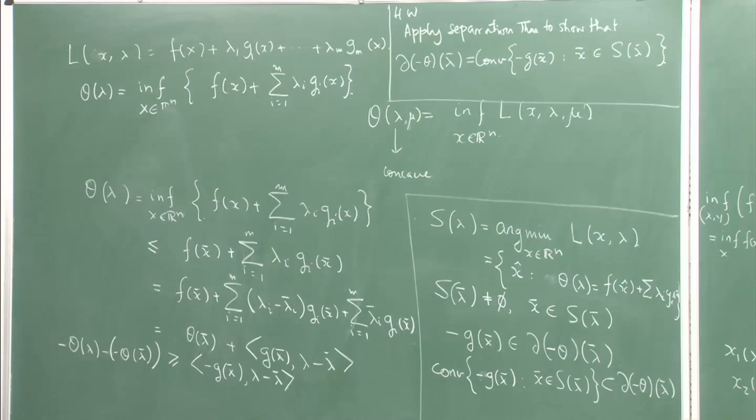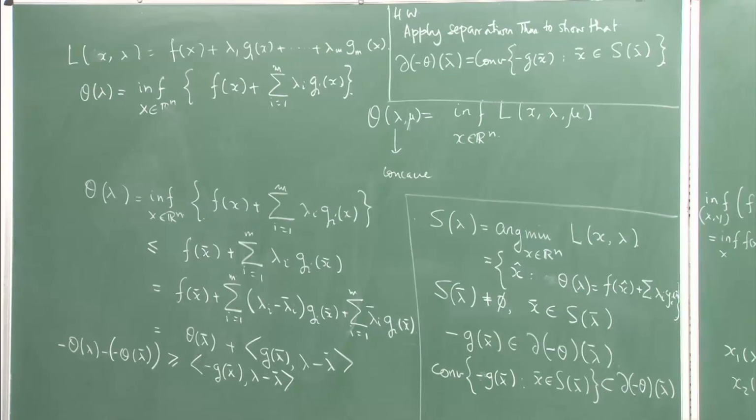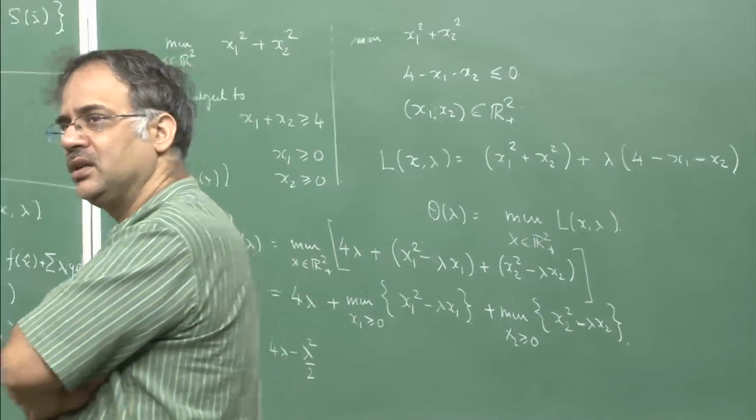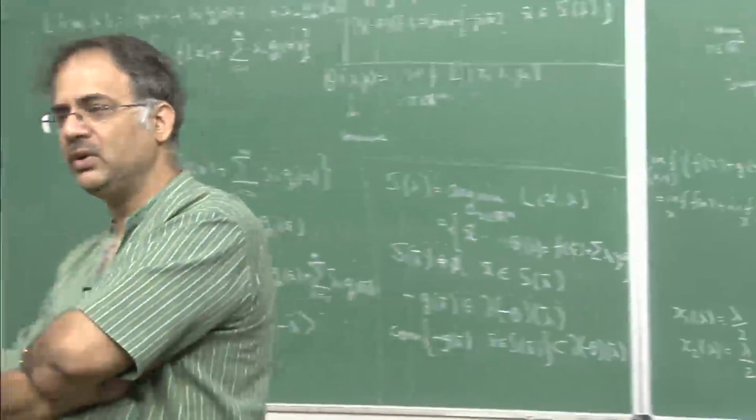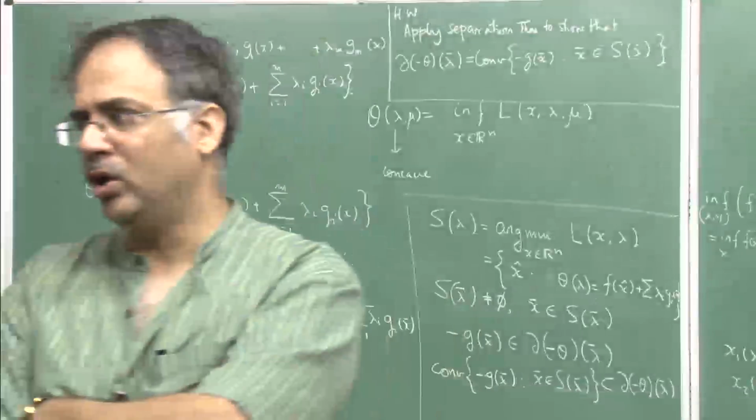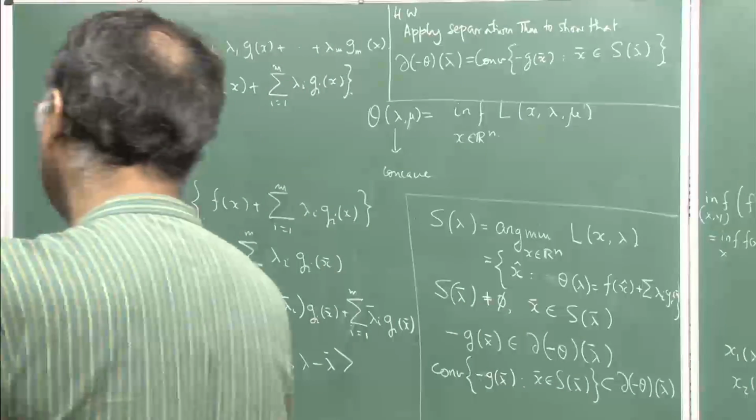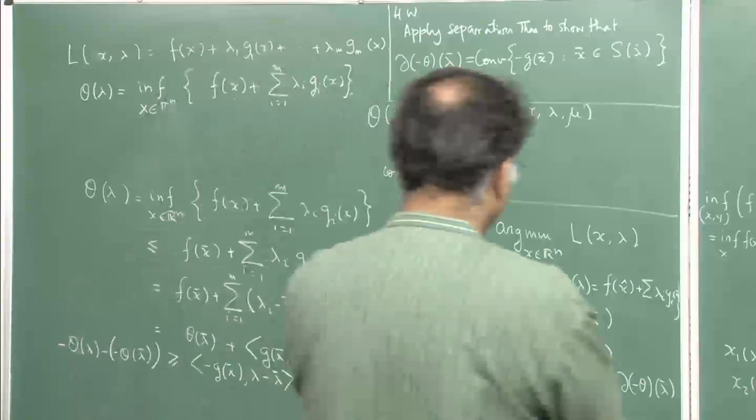Now, what I am trying to tell you is the following. We have discussed the differentiability property of the dual function. We have also spoken earlier about something called weak duality, which says that the minimum value of the primal problem is always bigger than the maximum value of the dual problem.